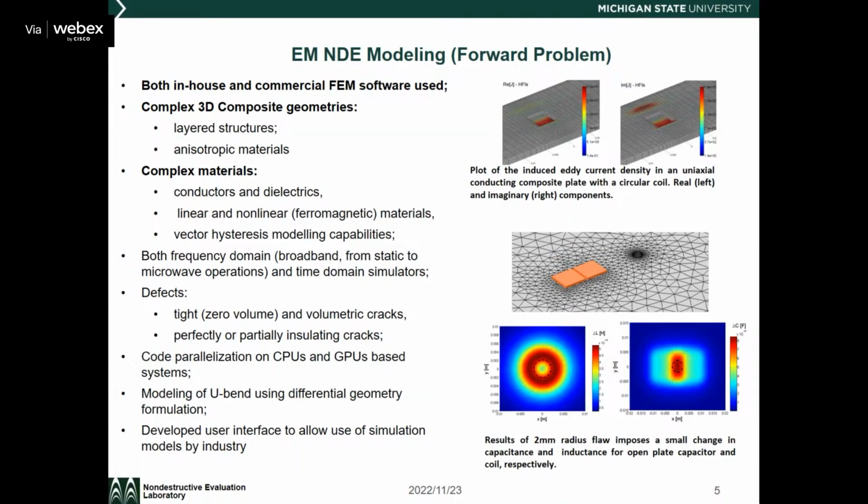And how we can measure different, for example, modeling of UT-band using different differential geometry formulation, how to develop a good user interface, so we can actually have industry people more involved. So that's something that we have to deal with in the forward problems.